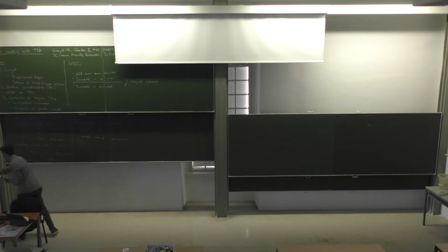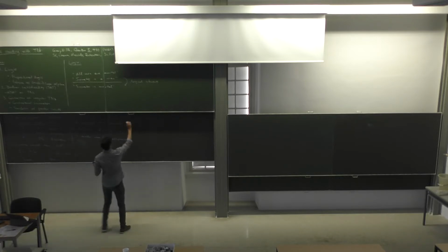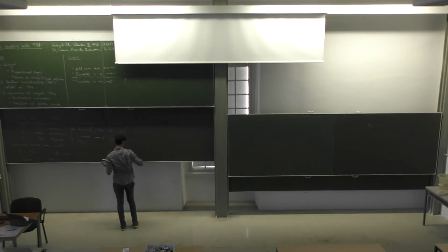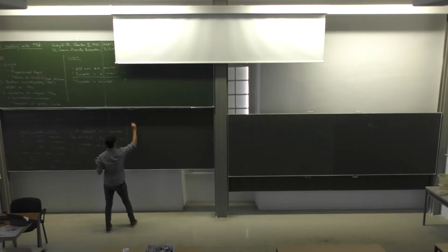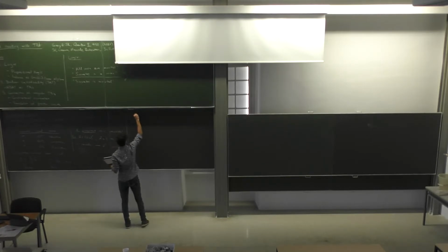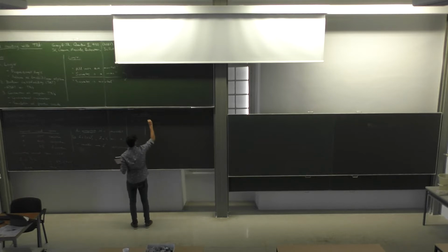I'll go over there. Okay, truth tables. You probably know what this is, but okay. So we have two variables, phi and psi. And let's take the logical relation or the logical operator. Let's take OR.